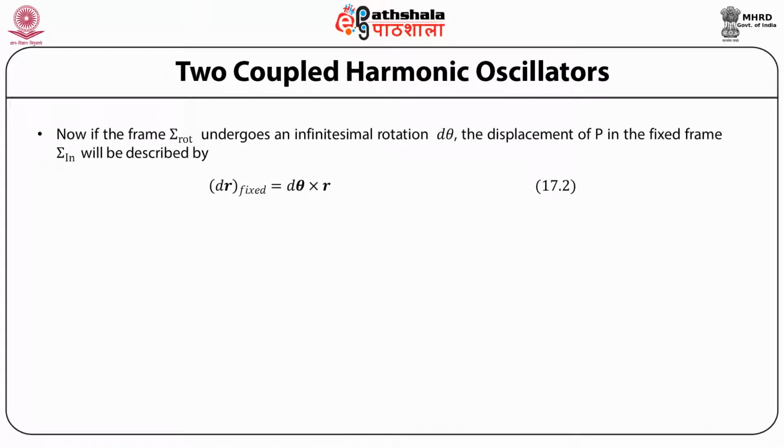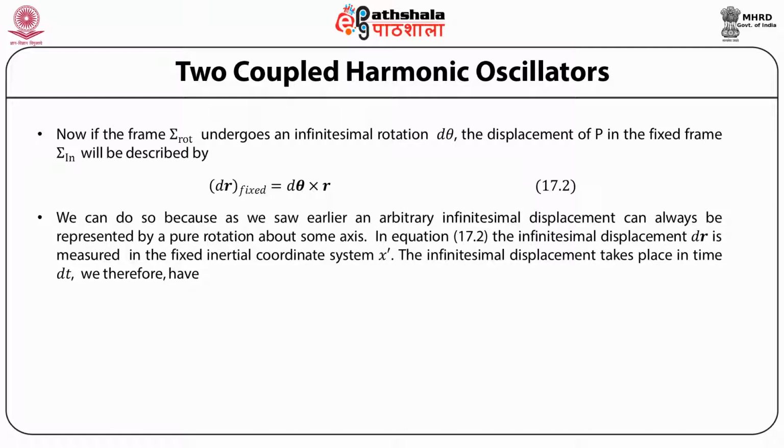Now, if the frame sigma rotation undergoes an infinitesimal rotation d theta, the displacement of the point P, which is fixed in the rotating frame, will be described by dr in the fixed frame equal to d theta cross r. And this is possible because we saw earlier that an arbitrary infinitesimal displacement can always be represented by a pure rotation about some axis.